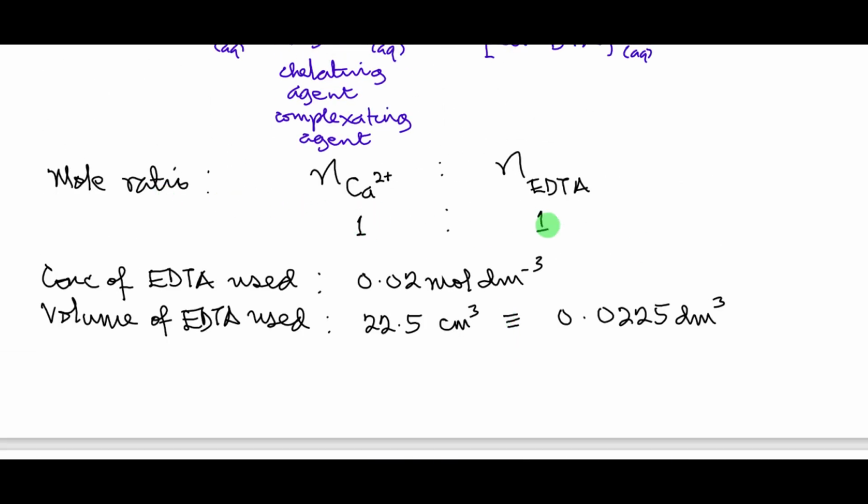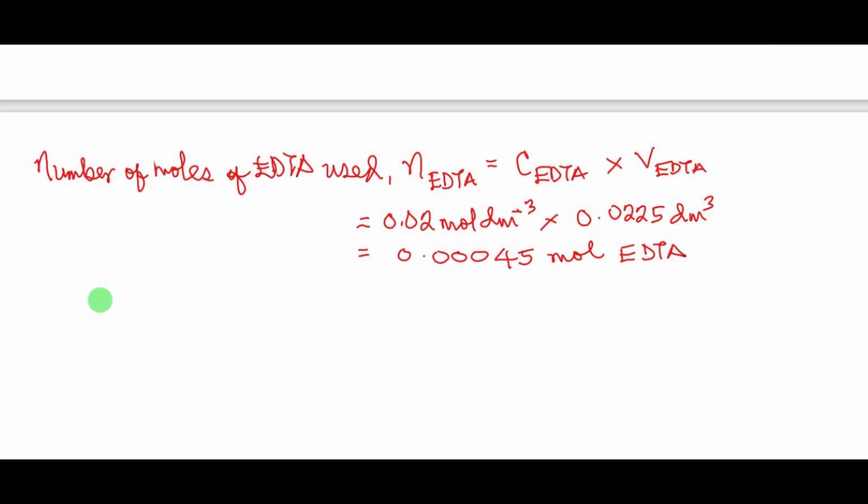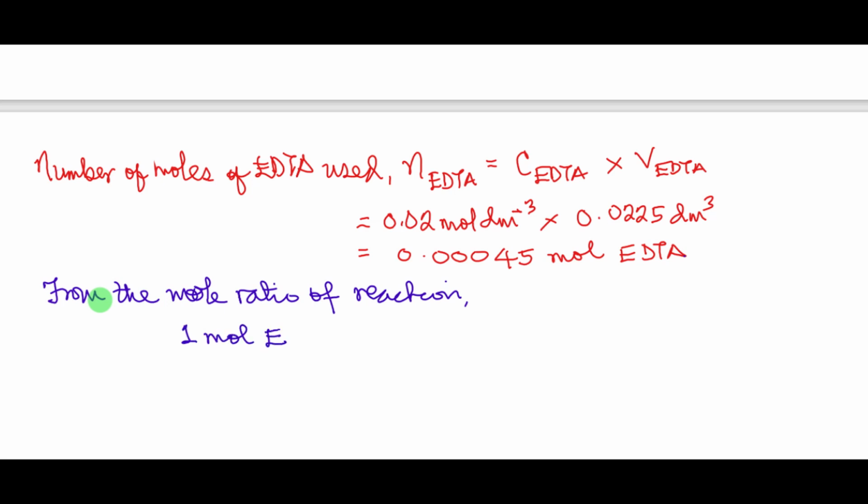Our mole ratio is what? 1:1, based on this equation of reaction, right? Fine. This equation of reaction is what we are using. So from the mole ratio of reaction, 1 mole of EDTA reacted with 1 mole of calcium ion, right?